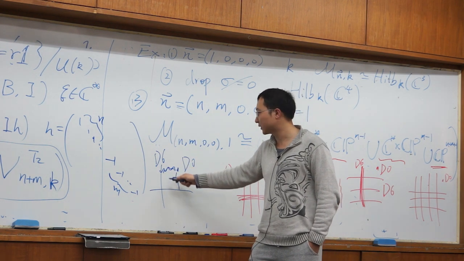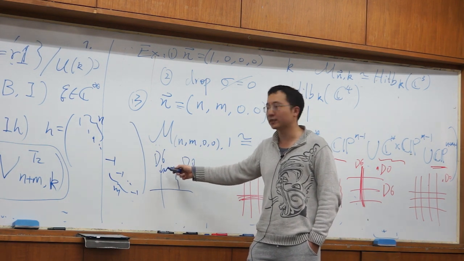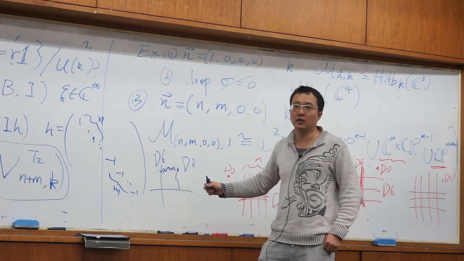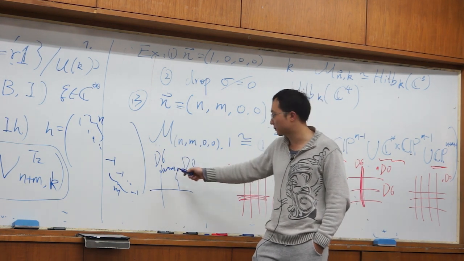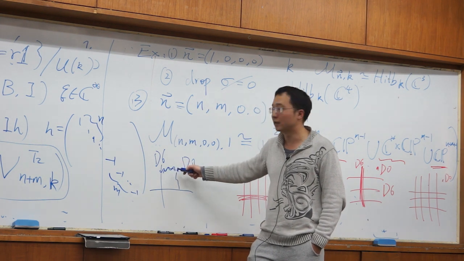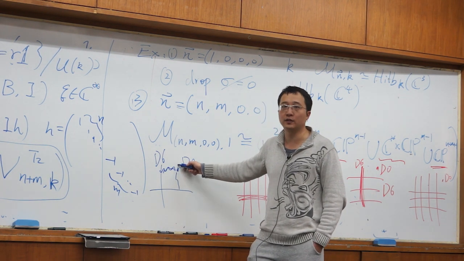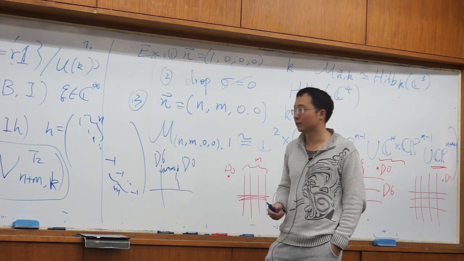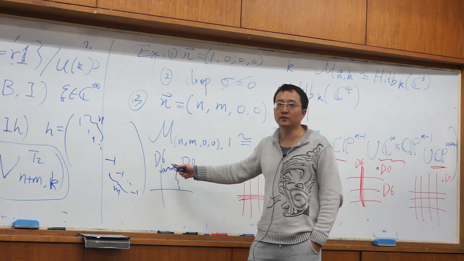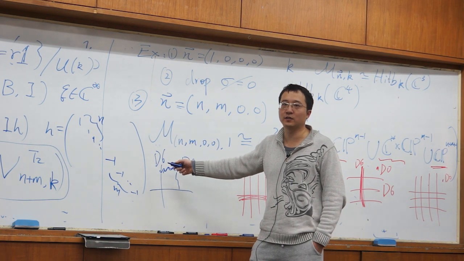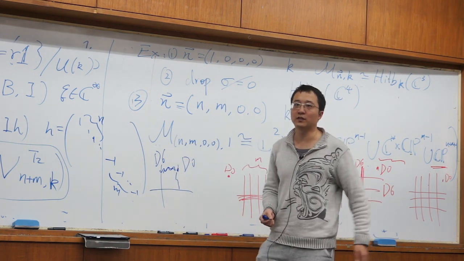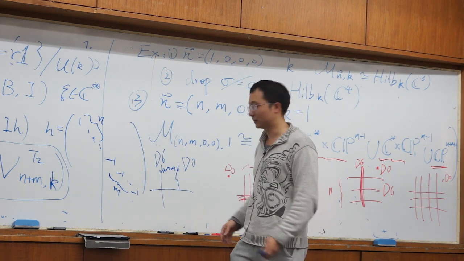In some loose sense, you can just view this as a distance, classically. If you use a classical approximation, this roughly labels the distance between the D0 and D6 brane. Of course, you have quantum corrections. It's not quite.